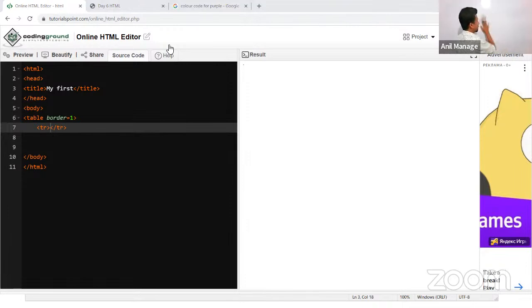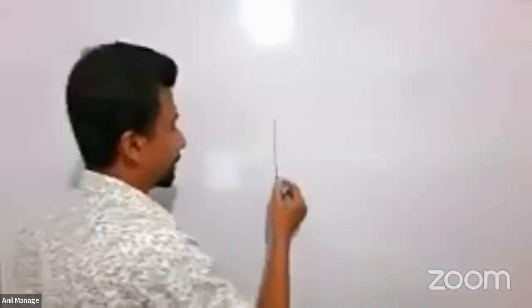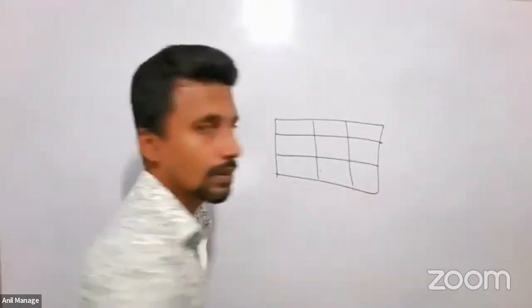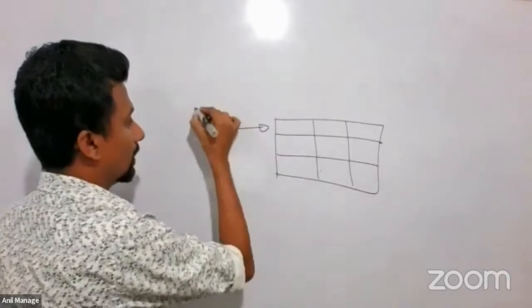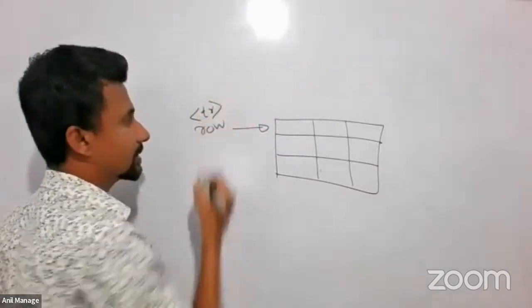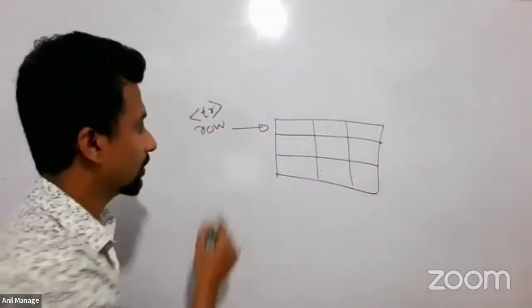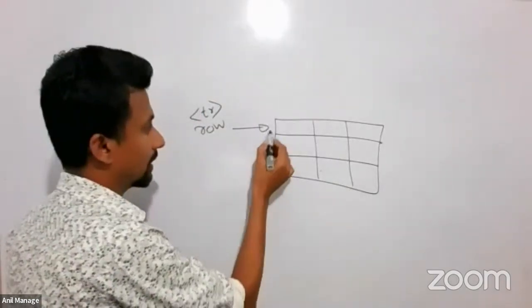Now when you take a table, you get something like this. So these are rows, table rows. We can use the tr tag to define this table row. So how many rows are there? 1, 2, 3.